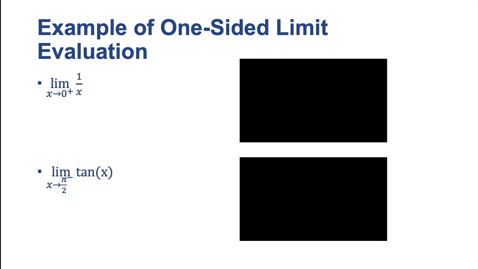So let's do some one-sided limit evaluation. We're going to take the limit as x approaches 0 from the positive side of 1 over x. We take a peek at our graph. We are going to see that at x equals 0, we have an asymptote. As we come in from the positive side, so if we're coming in from over here, what's our function doing?